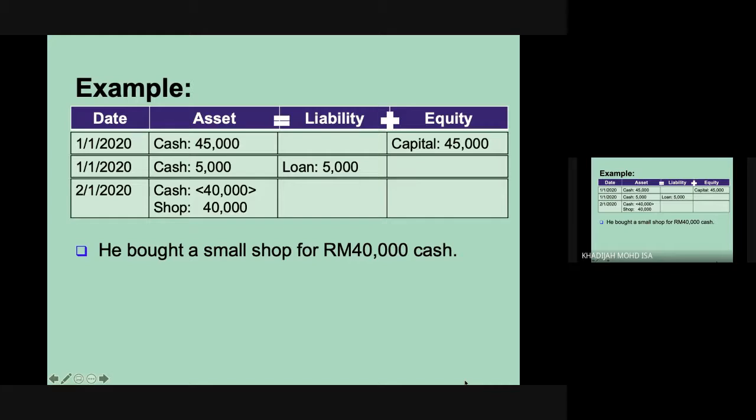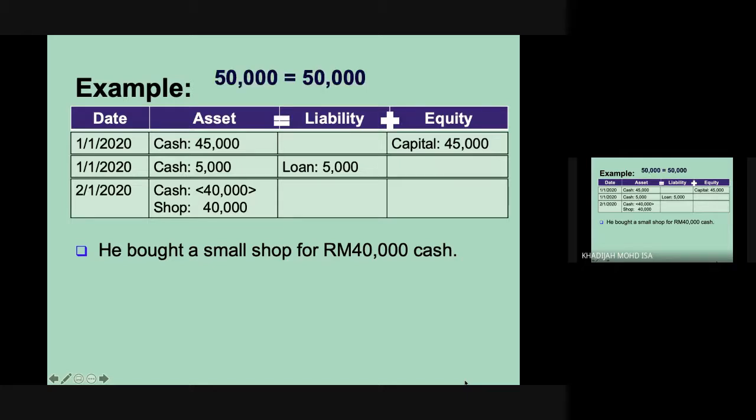See? So we have 45,000 plus 5 minus 40 plus 40. Now you still have 50,000. The only change is that you reduce cash but you increase shop. Both are assets, so it's zero effect, right? There's no change on the liability side, and on both sides you still have 50,000 and 50,000.